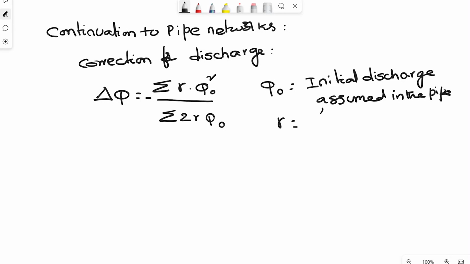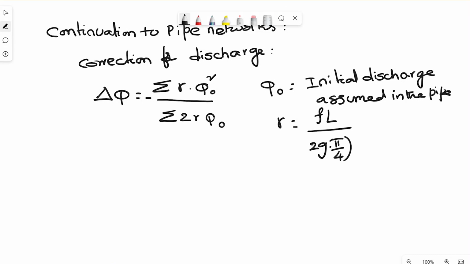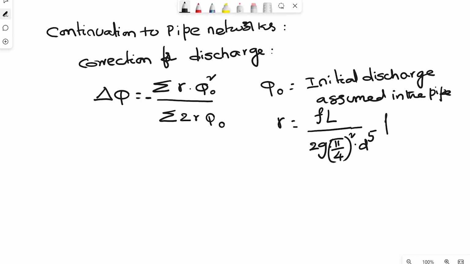R is equal to f L by 2 g into (pi by 4) whole squared into d to the power of 5 for any pipe. So knowing R and knowing Q, you can calculate.